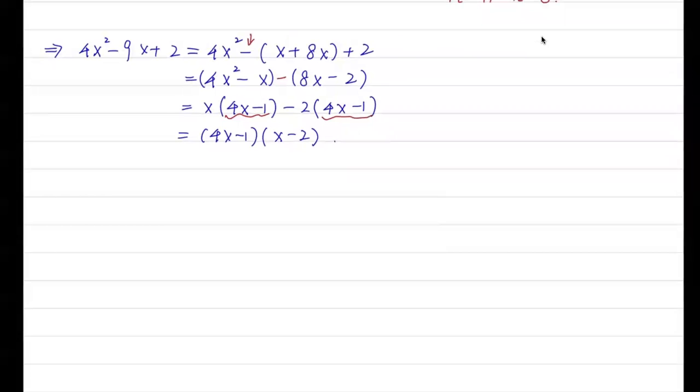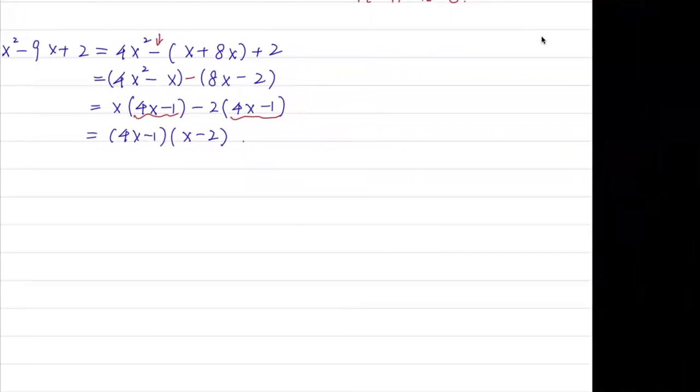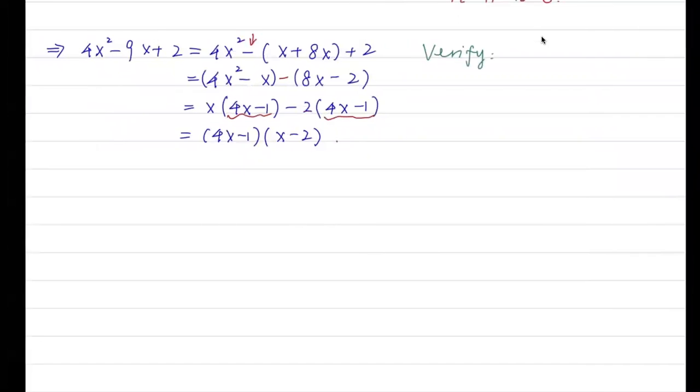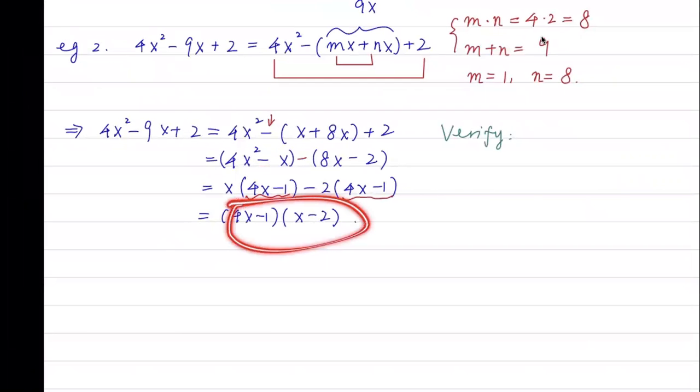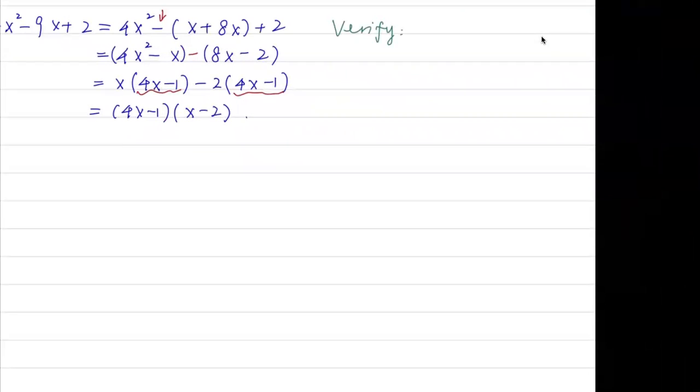Let's verify this. If this is our correct answer, then we should get the original trinomial after expanding these two binomials, right? So we have 4x minus 1 times x minus 2.